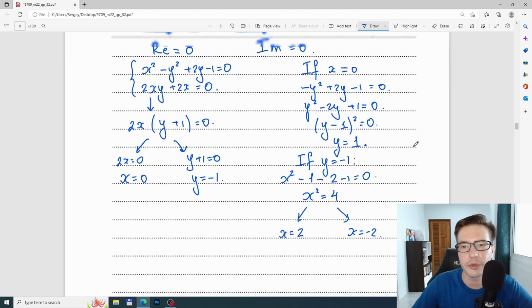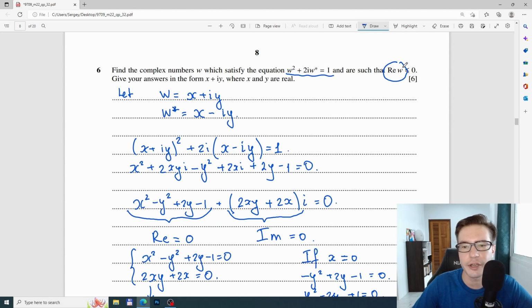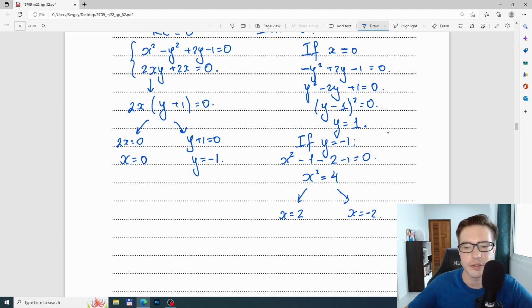Now let's have a look at what the question says. It says the real part is less or equal than 0, and the real part of our solution is x. So that means we'll keep x equals to negative 2, and we'll keep x equals to 0. And for those cases, when x equals to 0, y equals to positive 1.